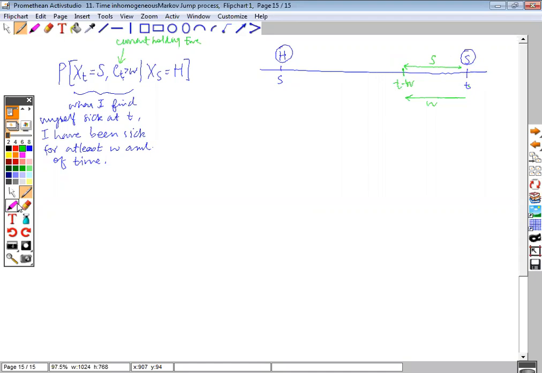So if I'm talking about this CT being greater than W, what I mean is this particular thing. Again, what's happening here is I have assumed that my CT is equal to W, right? What I have done is I've just written T minus W here.